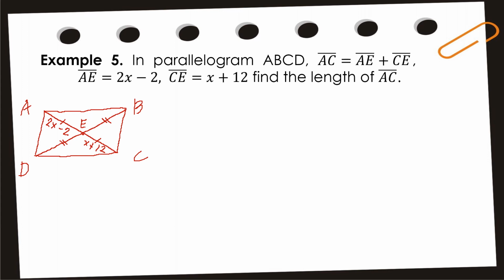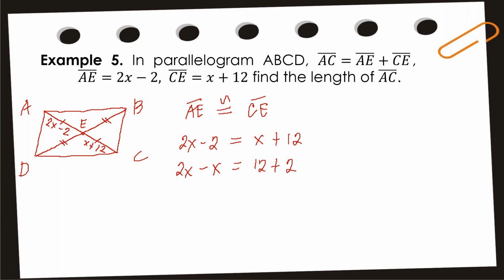Since AE is congruent to CE, it means that 2x minus 2 is equal to x plus 12. Let us combine like terms. We have 2x minus x, 12 plus 2. 2x minus x is x and 12 plus 2 is equal to 14.